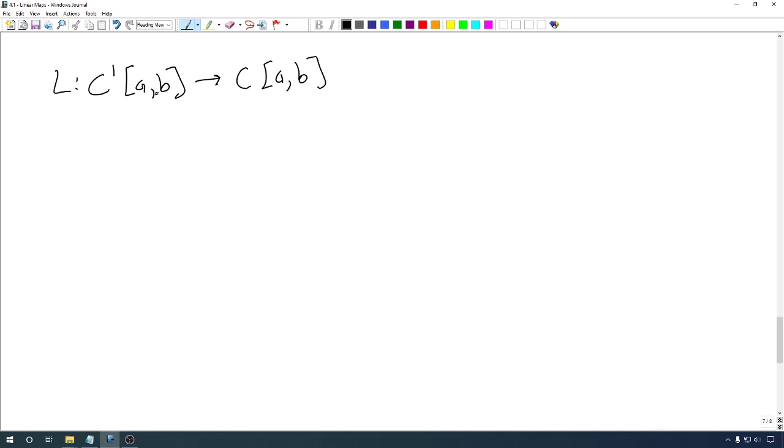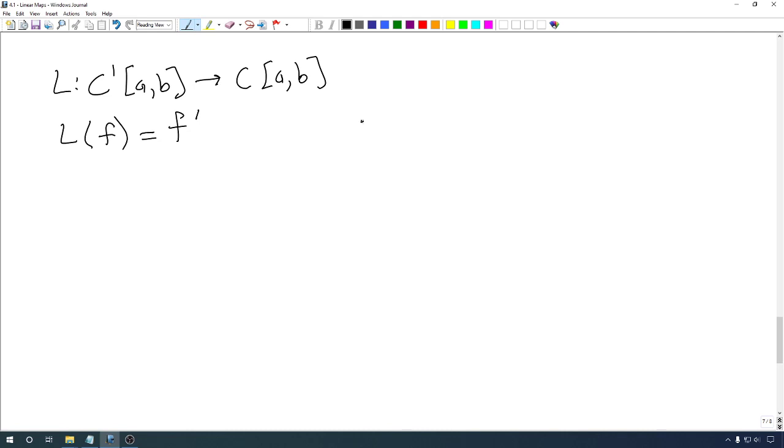C1[a,b] is the differentiable functions on the interval [a,b]. And it's important that we make this differentiable functions because then we can define a map where we plug in a function f, and it spits out the derivative of that function. Now, the derivative of the function, we can't assume that is differentiable, but we can say it is a continuous map. So that's why we had to define L the way we did.